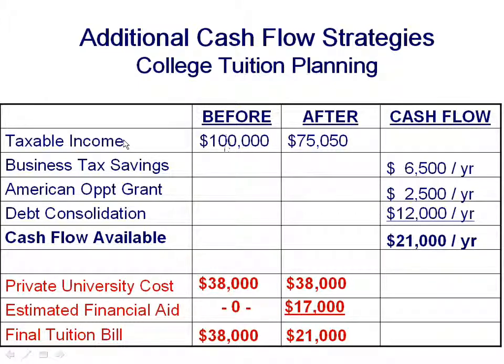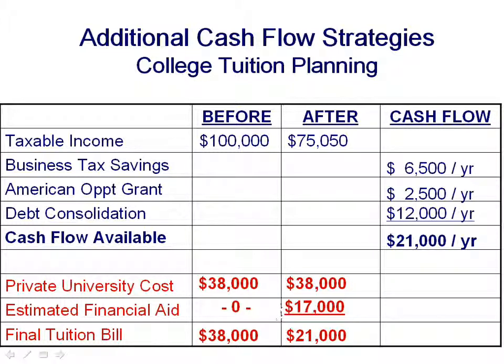So the tax savings of $6,500 a year produced essentially a $25,000 reduction in income. Before, Joe qualified for no financial aid, and after this income reduction, Joe now qualifies for a potential $17,000 in financial aid.